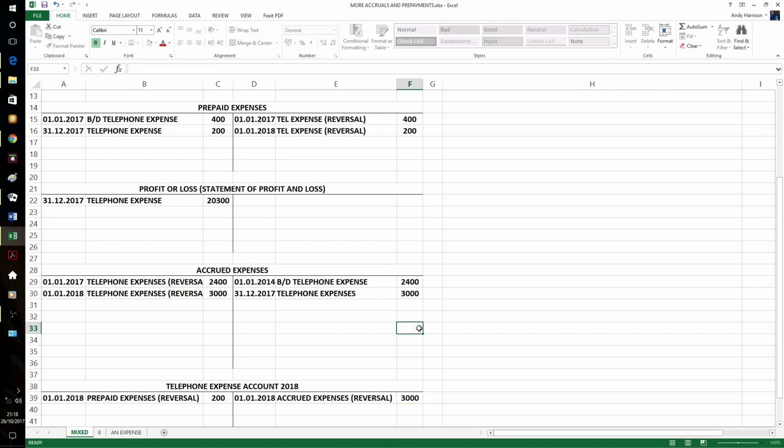So that's now showing our opening entries into next year's, the part that of whatever we pay out of the bank, 3,000 belongs to this year, and we've already paid £200 in advance.